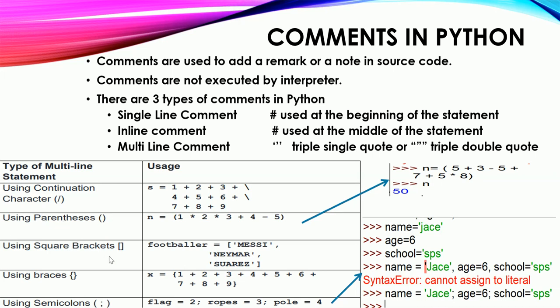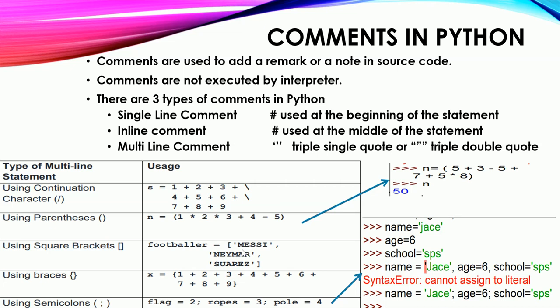Then using square brackets. footballer equal to square bracket, and I write the name of the footballer, like Messi, comma. After the comma, I write the new name in the next line, Neymar. I use single quotes for Messi, Neymar and Suarez because these are strings.